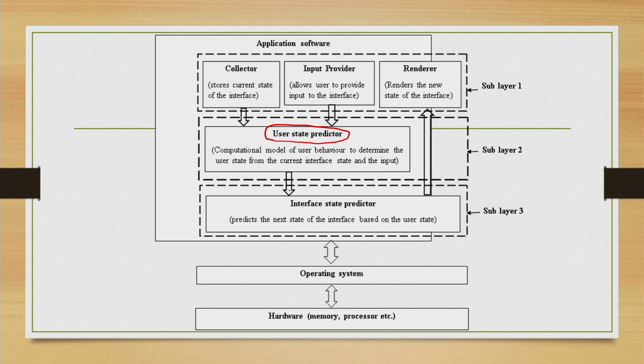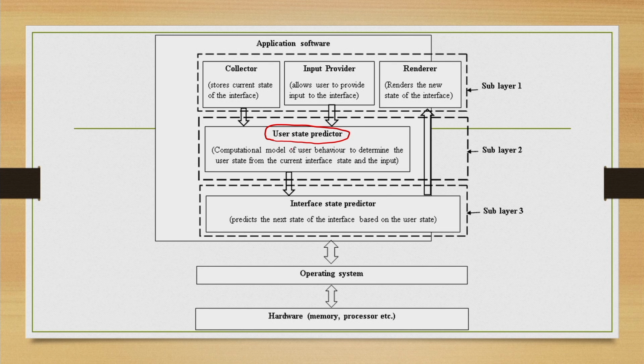Now, this next desirable state information is passed on to another predictor program, which is interface state predictor, which then comes up with all sorts of specifications for the interface that leads the user to the next desirable state. The user state predictor actually is the component that separates the software development life cycle of interactive systems from the other software developments.